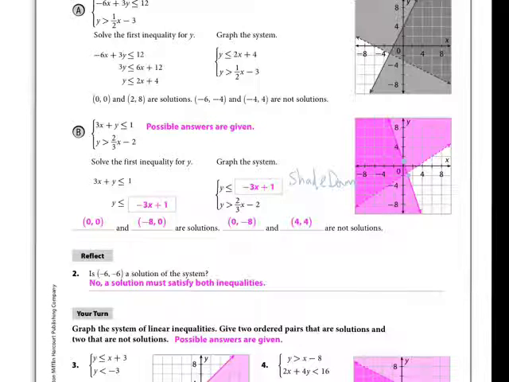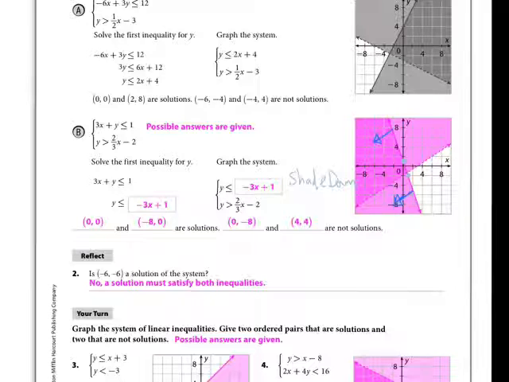Now, when we shade down, I like to put arrows before I shade in. It just makes it easier to see where the graph is going. So I'm going to make them here in blue. So these 2 are going down. I usually like putting 2 of them.